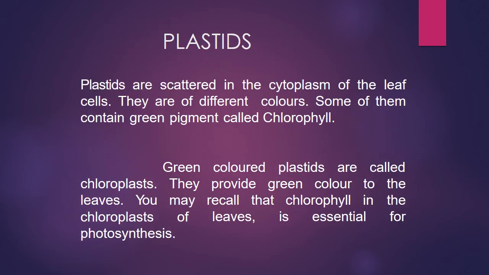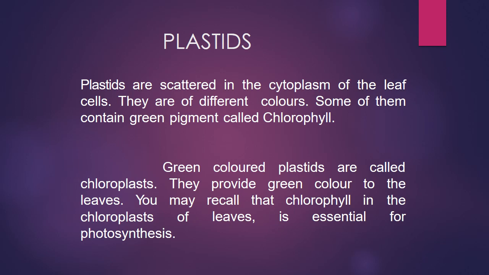There are some cell organelles, and the one such cell organelle which we'll study today is the plastids. Plastids are present in the cytoplasm. They are scattered here and there in the cytoplasm of the leaf cell, and these plastids are of three types: leucoplast, chloroplast, and chromoplast.